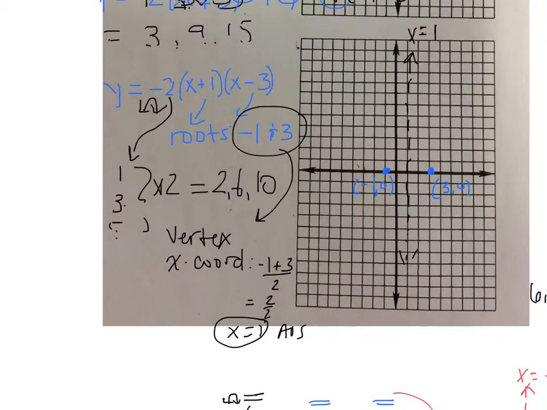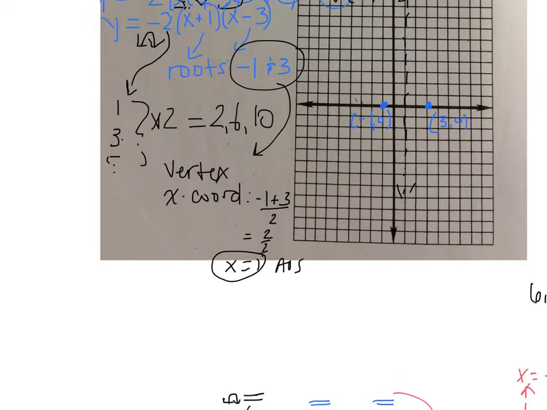Now, if our parabola opens down according to our equation right here, we would expect our vertex to be above the roots, somewhere up on this line, so that it can open down and pass by those two x-intercepts. So we're going to hope that when we substitute x equals 1 into the equation, we get a vertex that is a positive number above the x-axis. So let's do that.